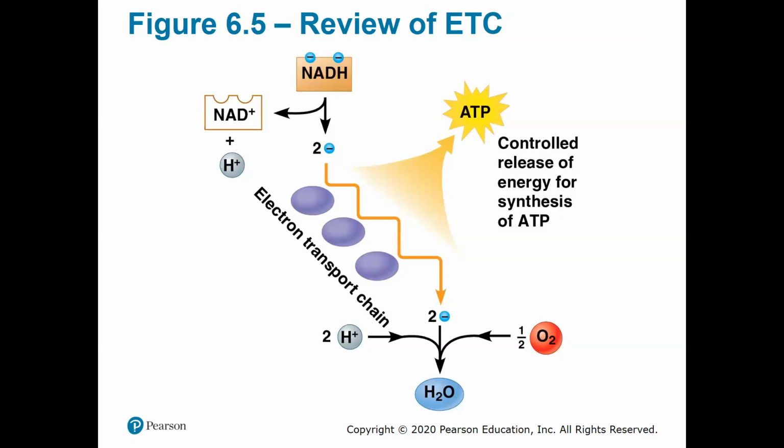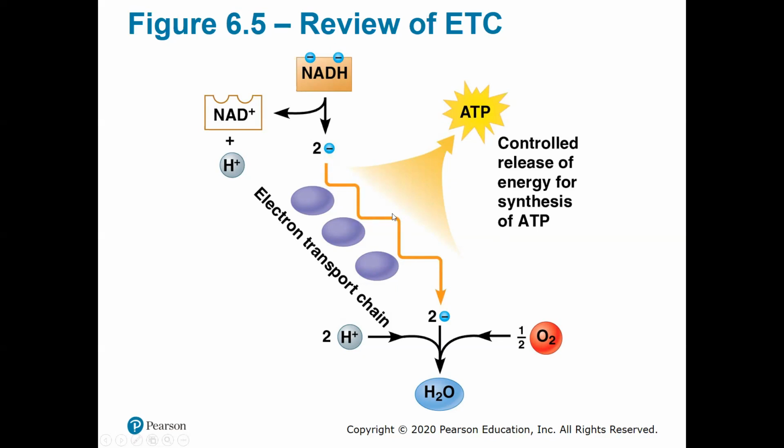So this image, I don't really like this image that much. But basically, this is just to show you guys that the energy molecule NADH that is created will drop off its electrons in the electron transport chain. So this is showing you that the two electrons are dropped off, and they're passed along from one protein carrier to the next.